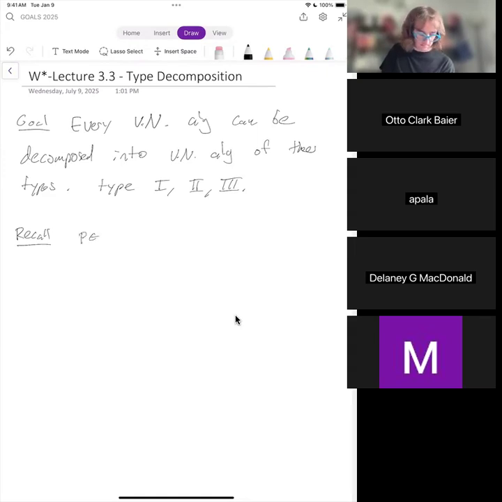A projection P is abelian if the compression PMP is abelian.